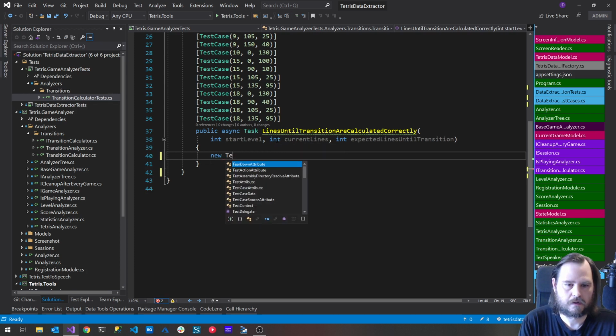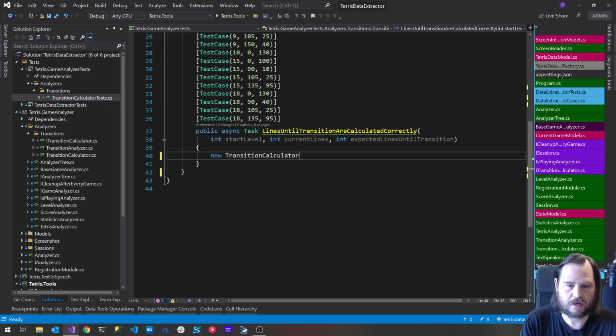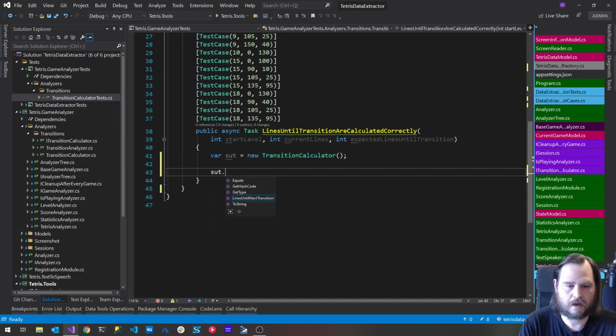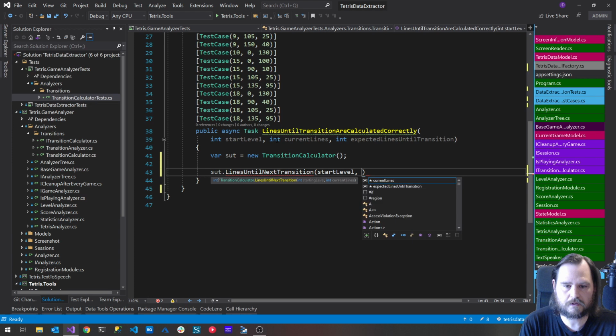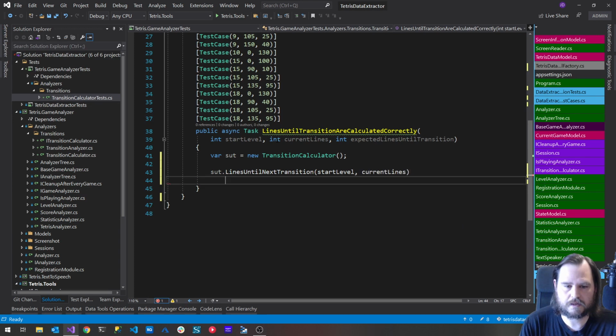Okay, and then the system under test lines until next transition, start level, current lines should be expected lines until transition.